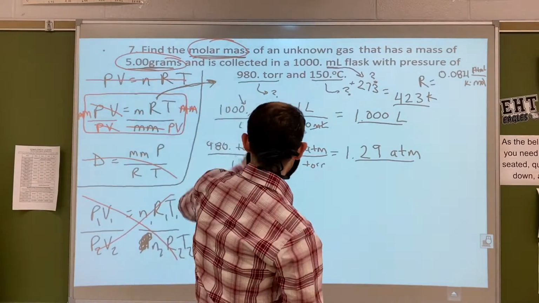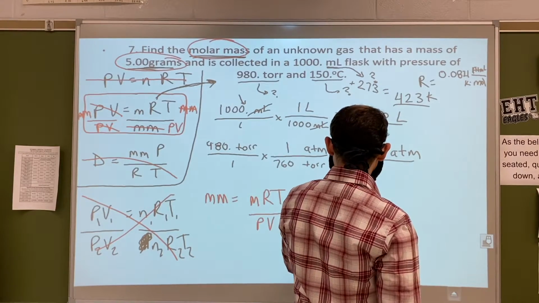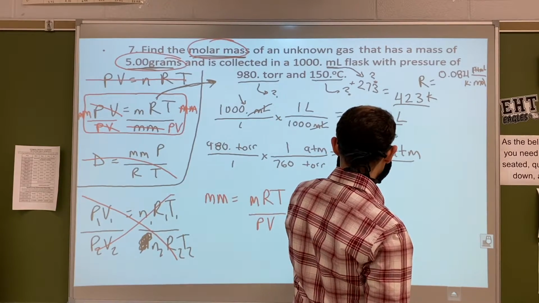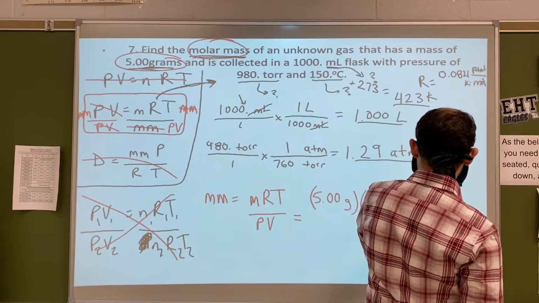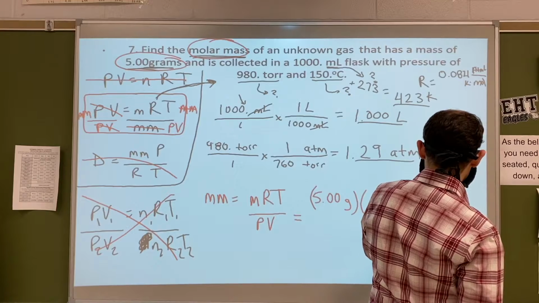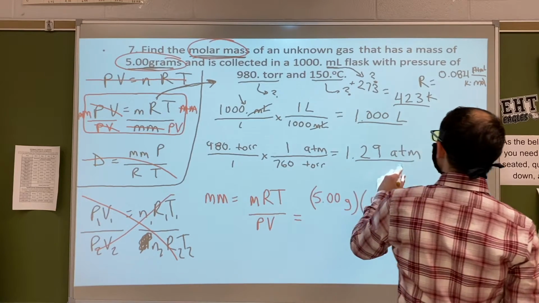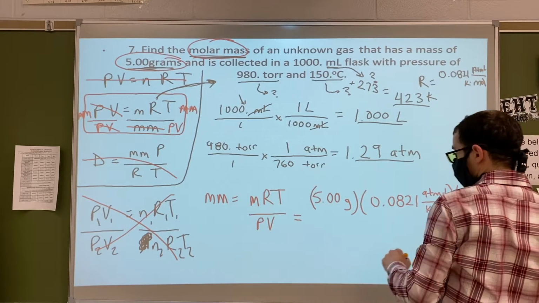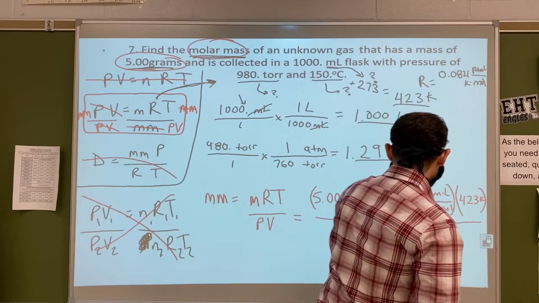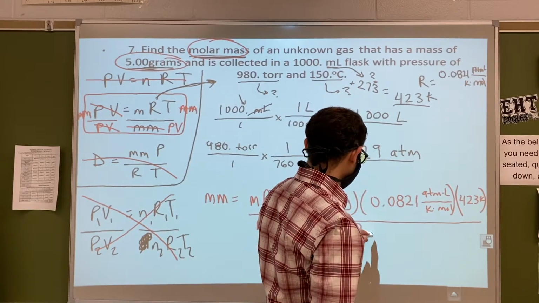So now we can just plug it in because we should have all of this stuff from above. Mass is 5 grams. R is all of this. The temperature is 423. And then we have pressure, 1.29 ATM.